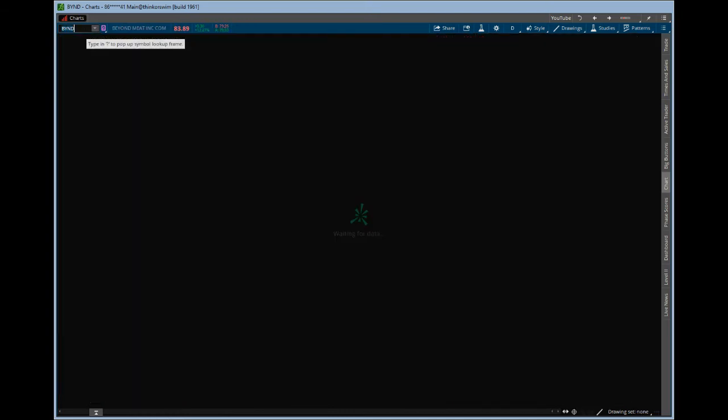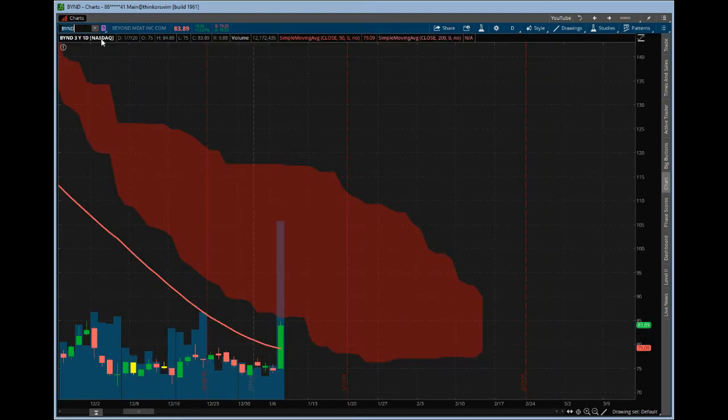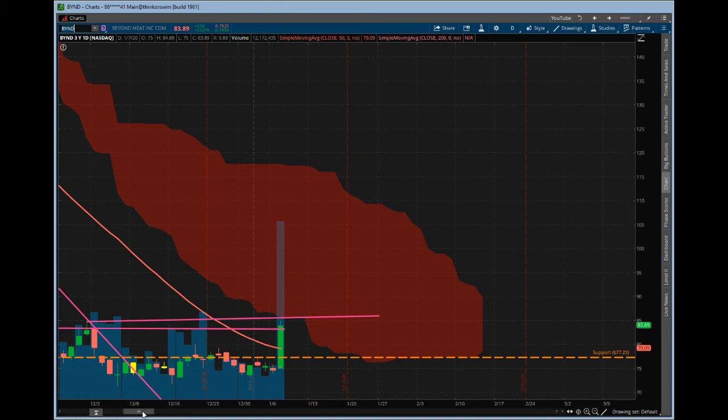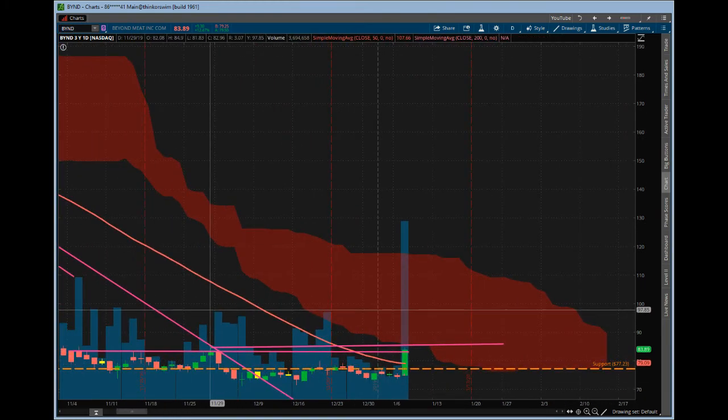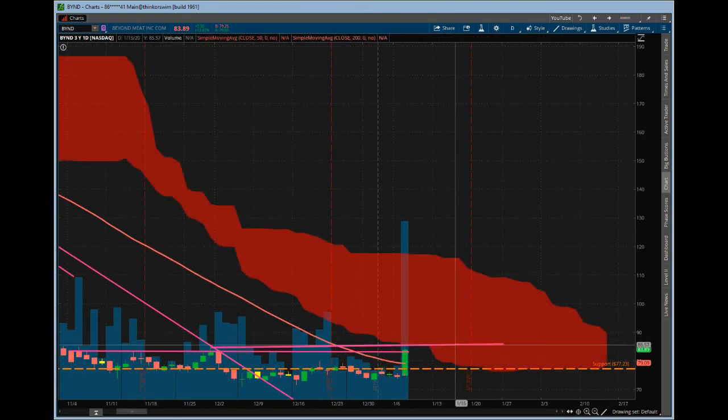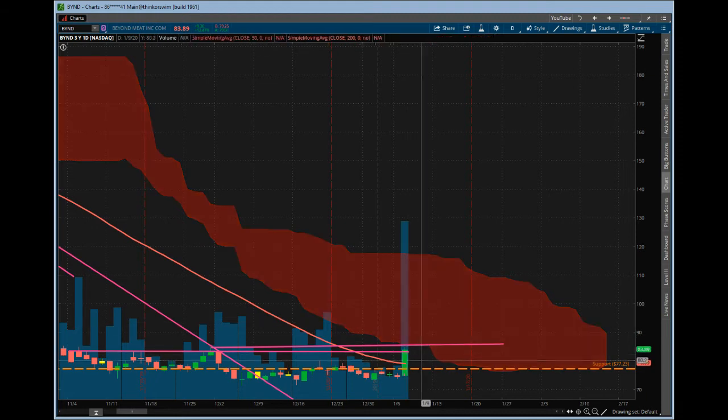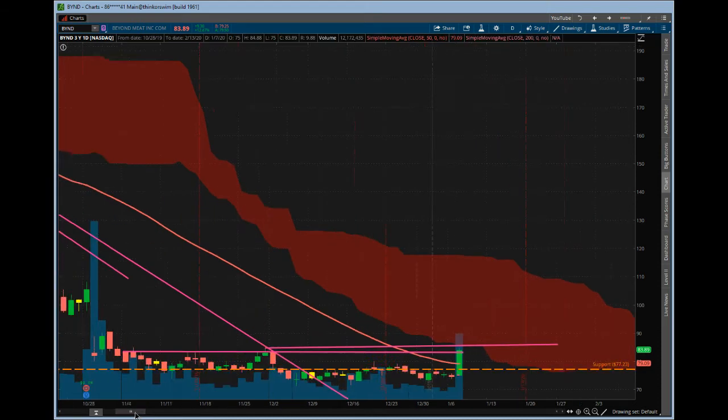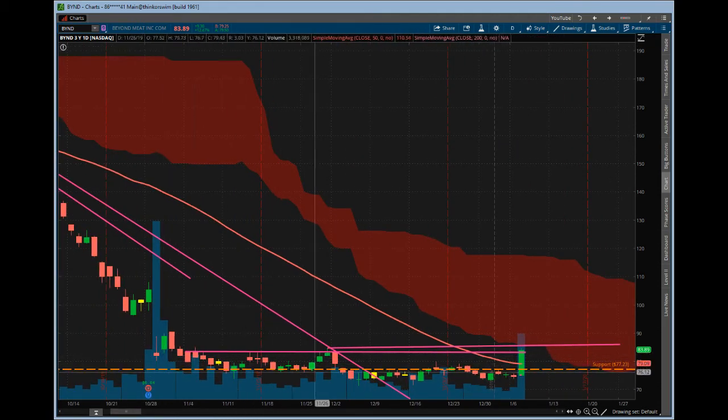So Beyond had a huge day today on no news. It was actually on news that their competitor was making pork-based products, or fake pork products. So I guess it implies that Beyond might make it too or something like that. But anyway, it was mostly just an epic short squeeze today. Big consolidation, move right down here. Very, very possible, as we talk about the Wyckoff method, that this whole period of increased volume and this choppiness has been an accumulation period.